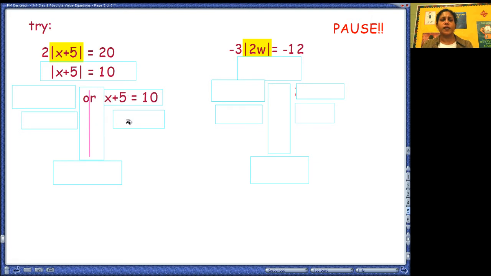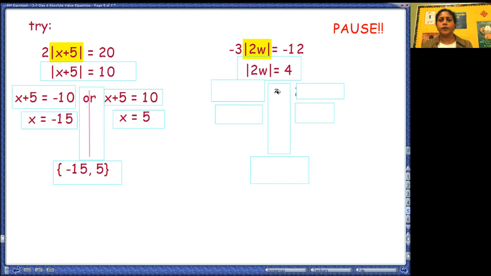On the right side, it's equal to 10. On the left, -10. Solve, and these are my answers. Equal to 4 or with a bar in the middle, and equal to 4 or -4. And you solve, and that goes in a solution set.